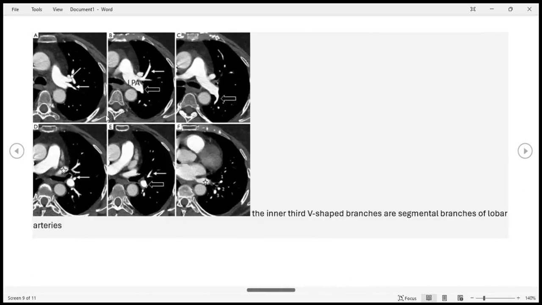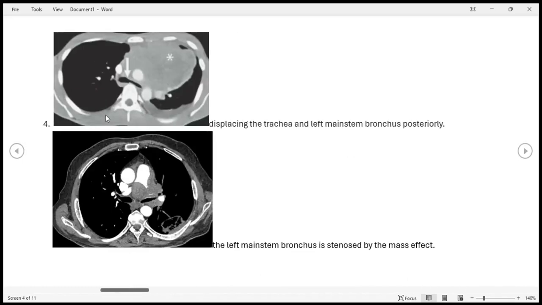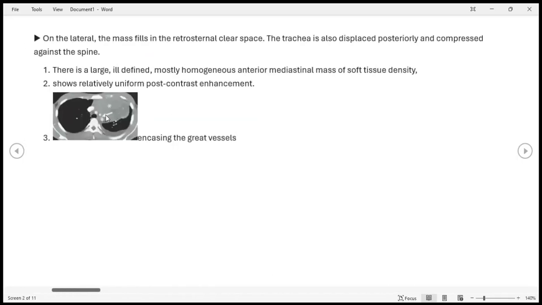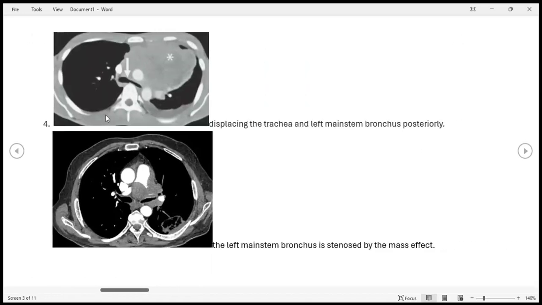So let's talk about the lymphoma. Lymphoma sometimes shows mass effect with displacement of the surrounding structures and the compression of the trachea and the left main stem bronchus.